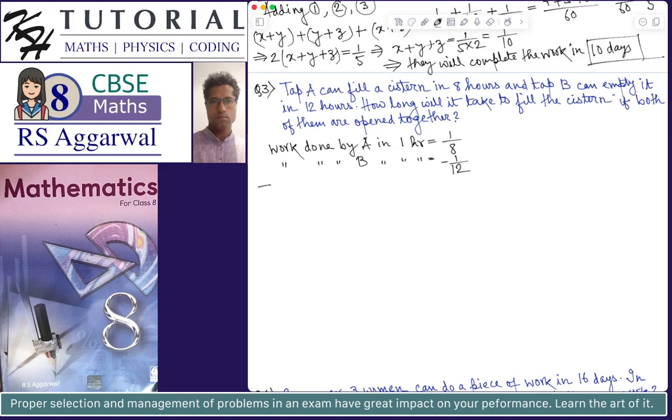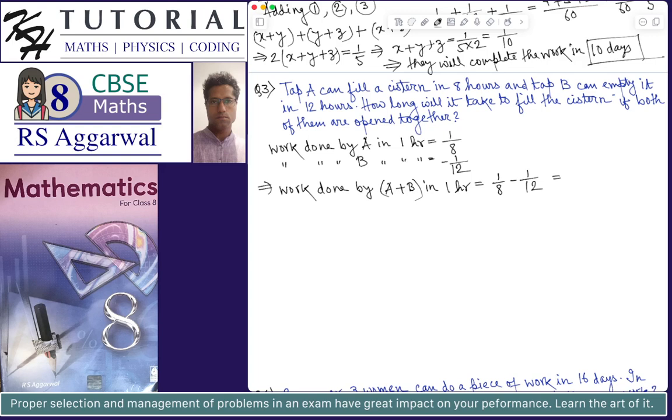Okay, so now we can say work done by A plus B in 1 hour will be the sum of the work done by taps A and B in 1 hour, that is 1 by 8 minus 1 by 12.